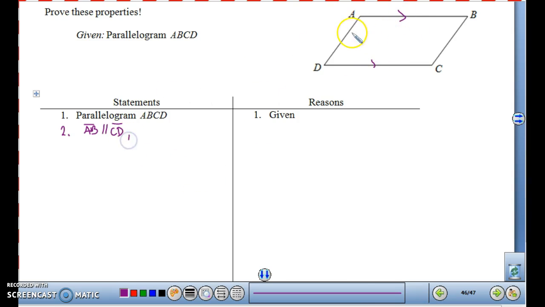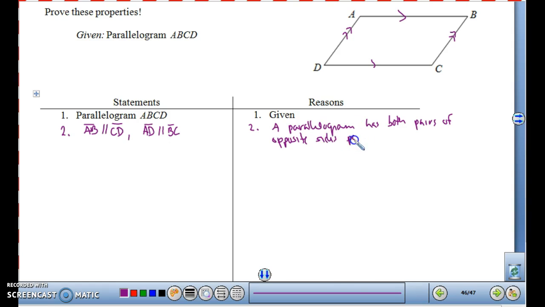And also AD is parallel to BC. Because we know it's a parallelogram, it has both pairs of opposite sides parallel. That's the definition. Okay, so we have proved our first property.